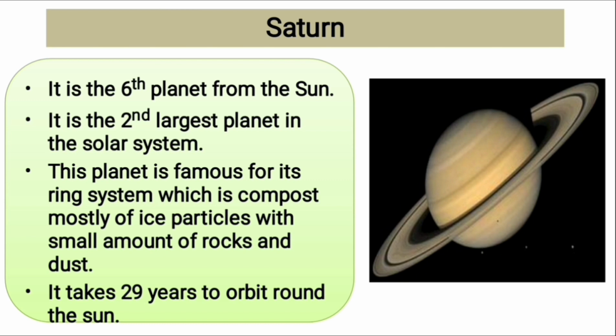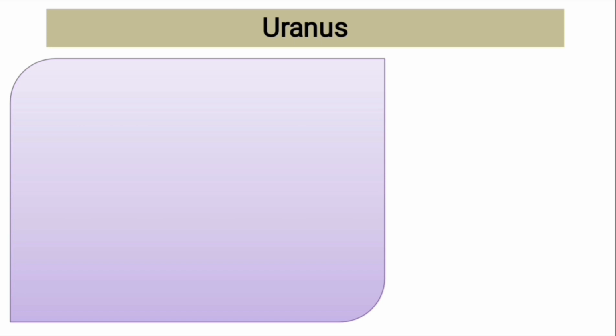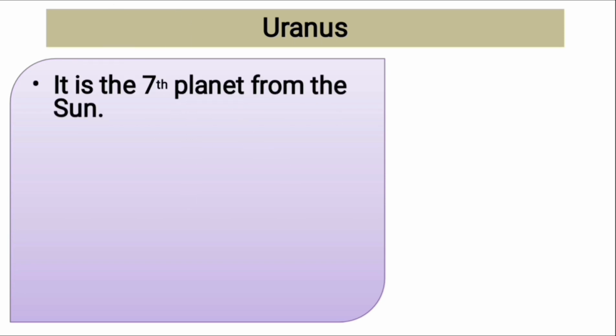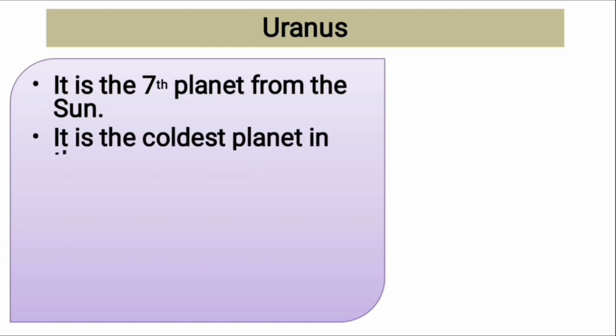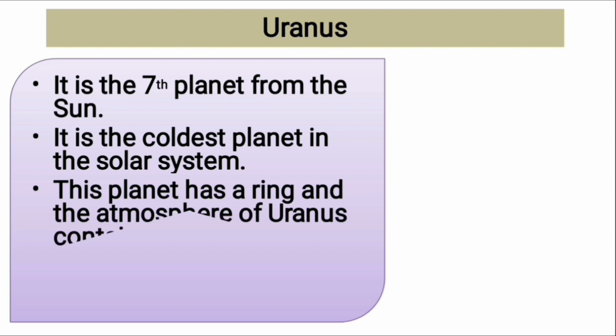Now, our next planet is Uranus. It is the seventh planet from the Sun and it is the coldest planet in the solar system. This planet has a ring and the atmosphere of Uranus contains ices.